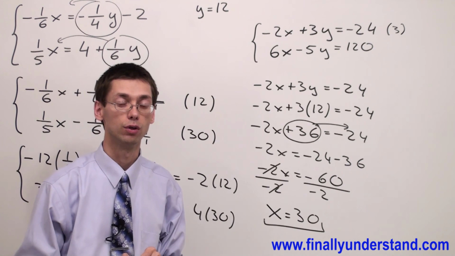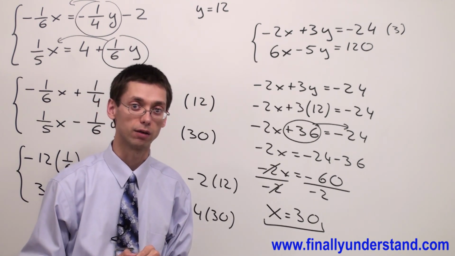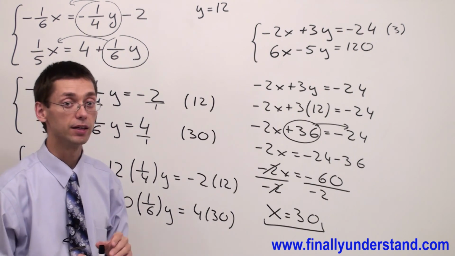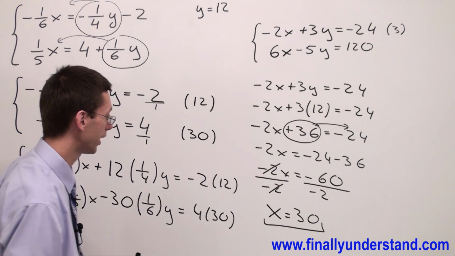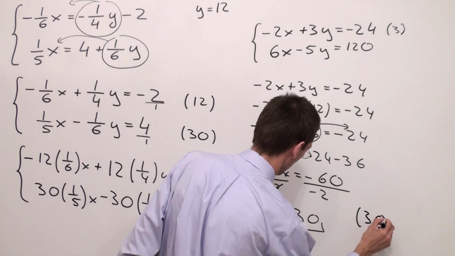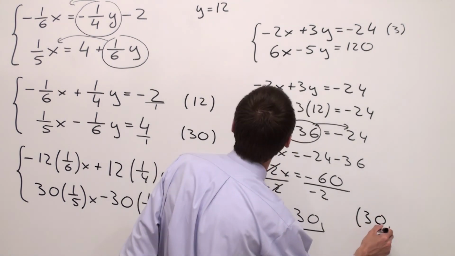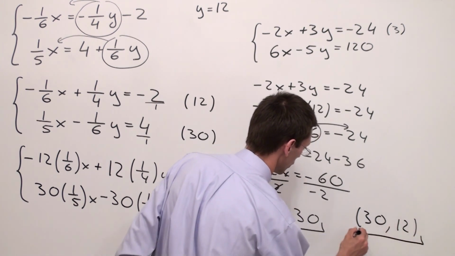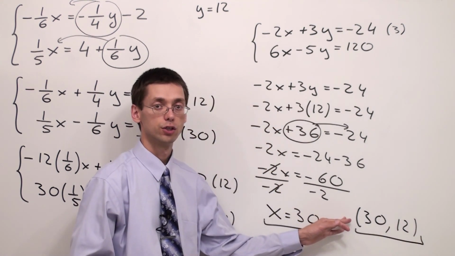I want you to do them by yourself. So I can say, because I made the proof, that the ordered pair x equals 30 and y equals 12 is the solution to the system.